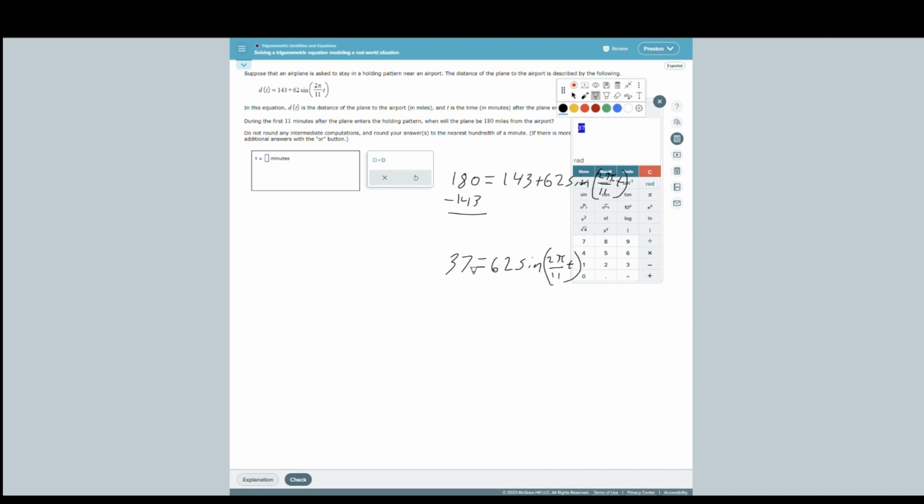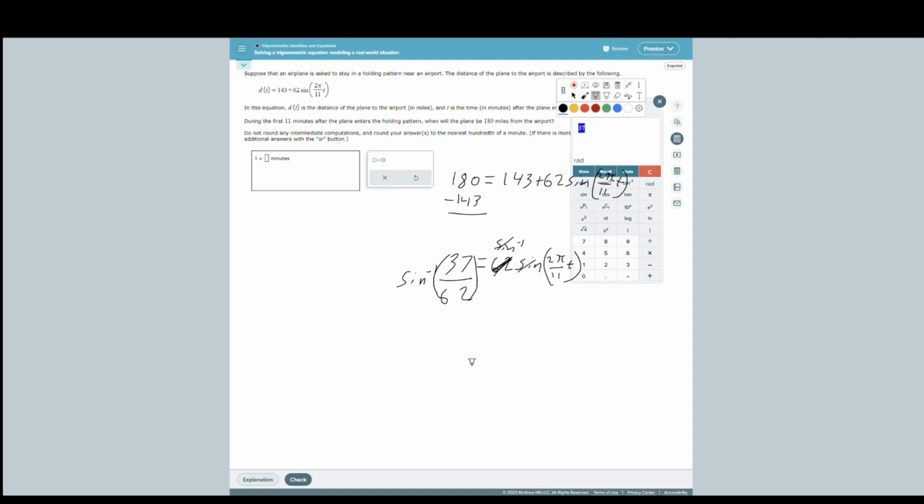To do this, we separate the 62 from the sine by dividing by 62 on both sides. It doesn't want us to round any computation, so we'll just leave it like that. To remove the sine from this equation, we take the inverse sine so that those cancel out, and we're left with the inverse sine of 37 over 62. Now we have to figure out what to do with the rest.